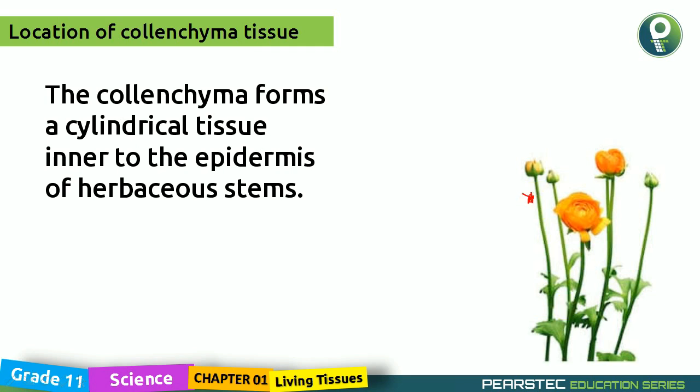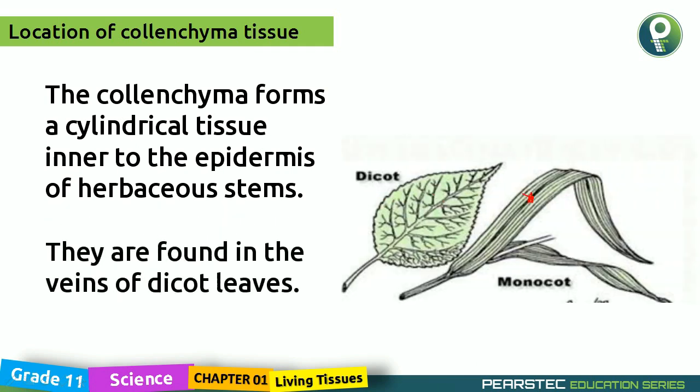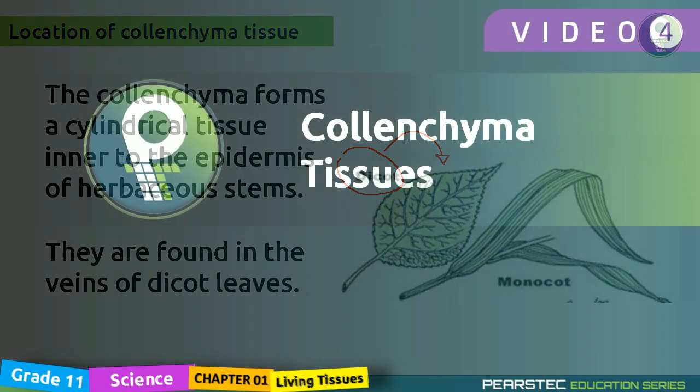The next one is that they are found in the veins of dicot leaves. They are not talking about monocot leaves, they are talking about dicot leaves. You can find collenchyma tissue in the veins of dicot leaves also.